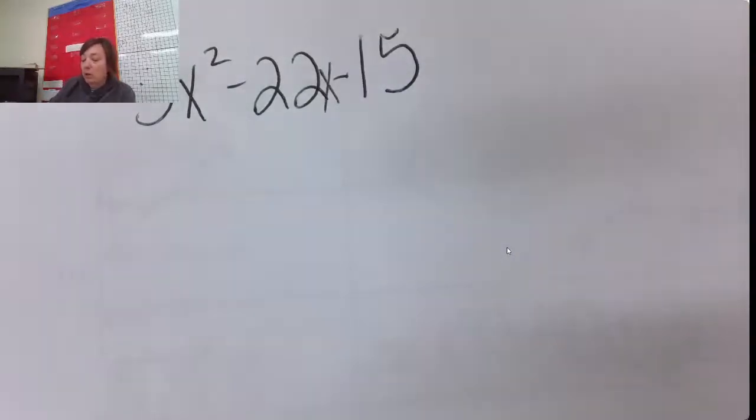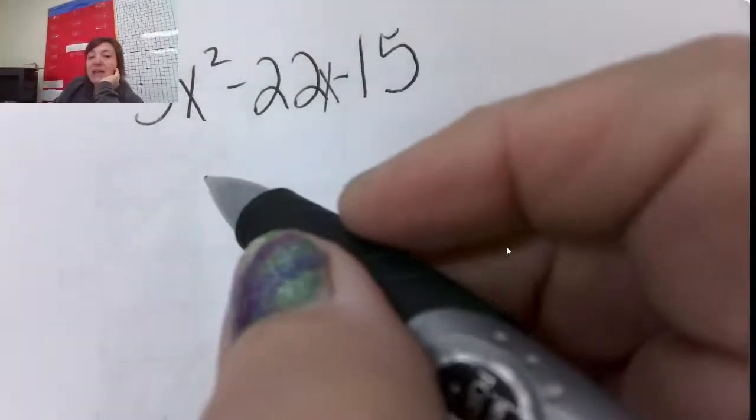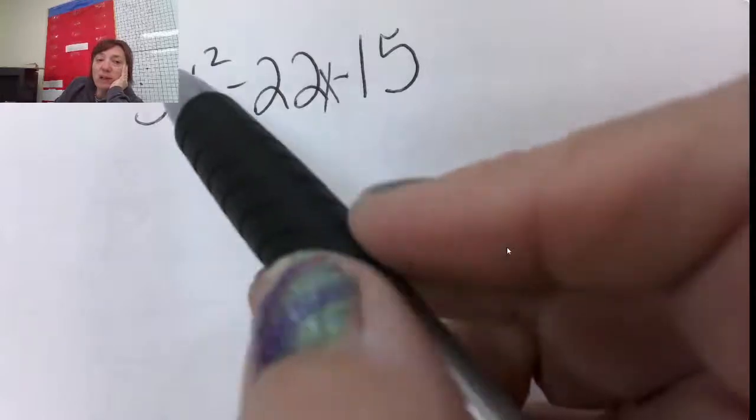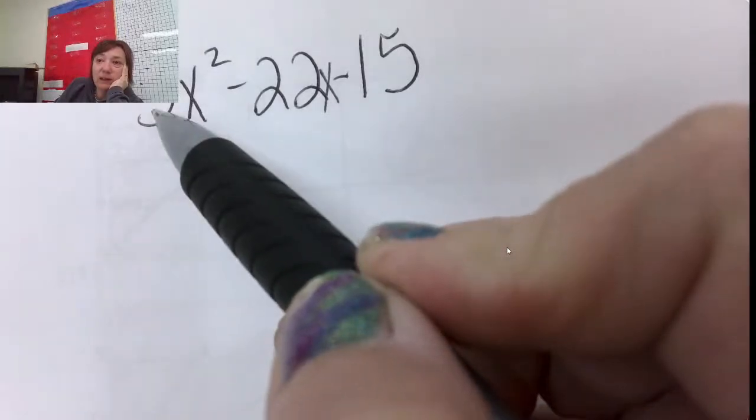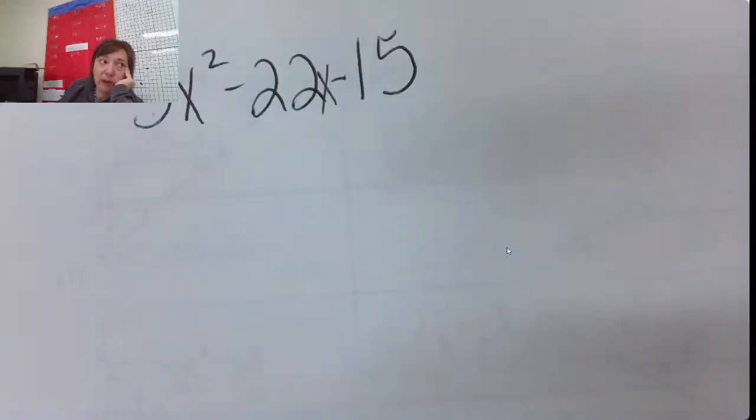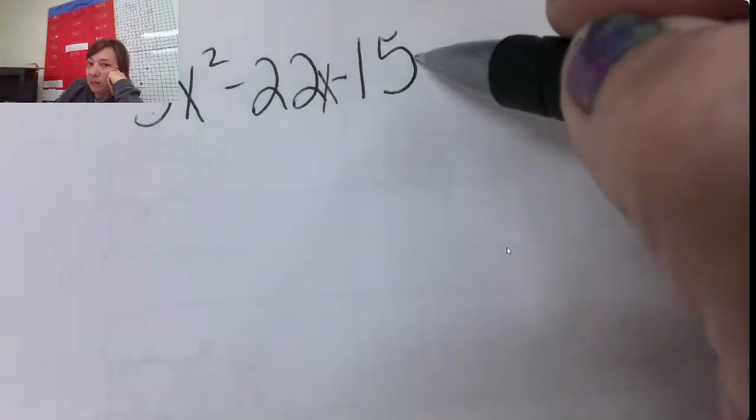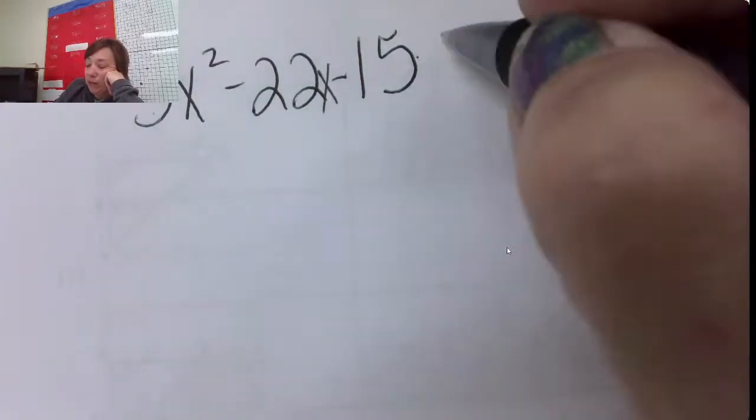All right, so we need something that multiplies to get 5. And that has to be 5 and 1. That's literally our only option, right? And then we need things that multiply to get 15. So that could be 15 and 1.